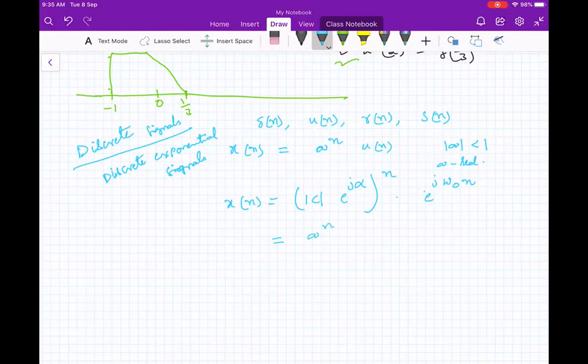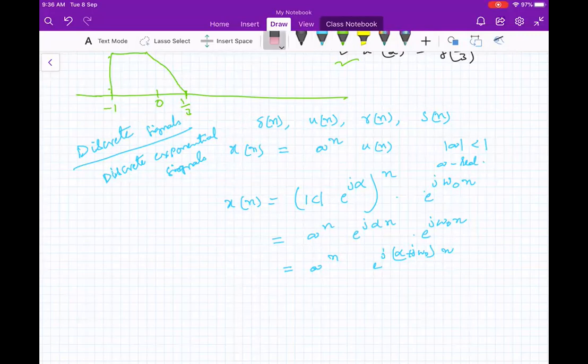If a is positive, then this is a power n we consider, and e power j alpha n into e power j omega naught n. So a power n e power j (alpha plus omega naught) n.